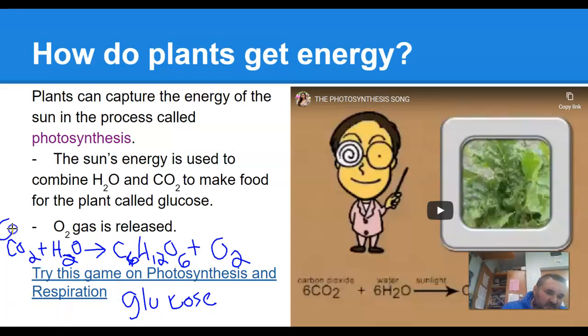It takes 6 carbon dioxides, 6 waters to get just 1 glucose and 6 oxygens.